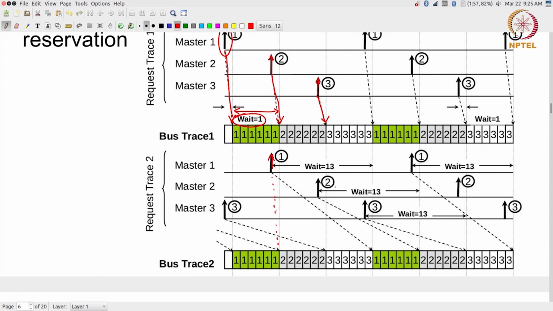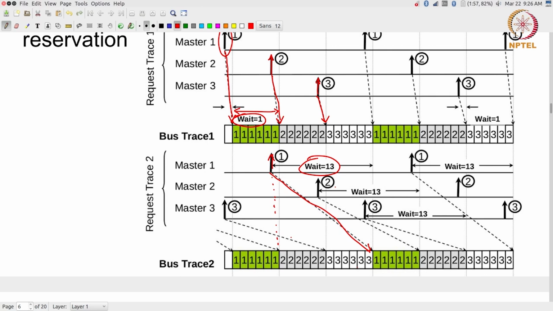In the very next cycle, master 1 has lost access and master 2 has got access. How long does it have to wait? It has to wait for 13 cycles before it gets access to the bus, okay? In other words, it starts becoming somewhat sensitive to the time when a particular master requests access to the bus, the periodicity with which they request access, how long is the slot duration that has been given to each master, right?